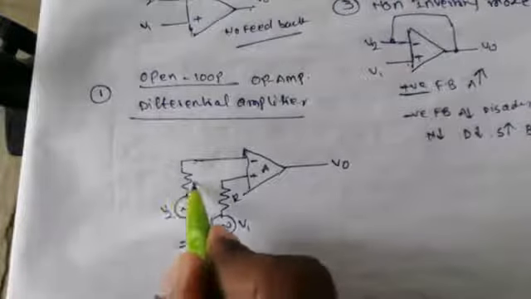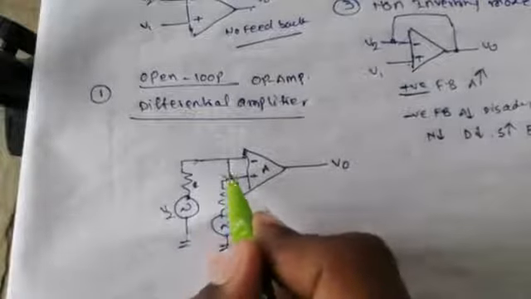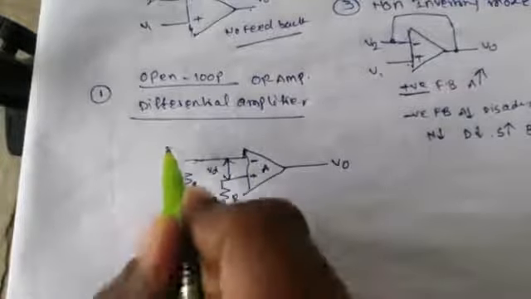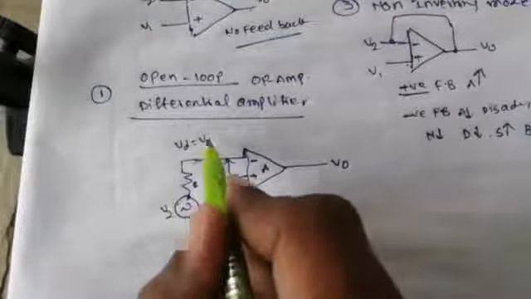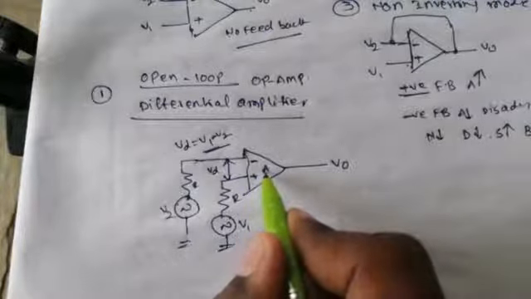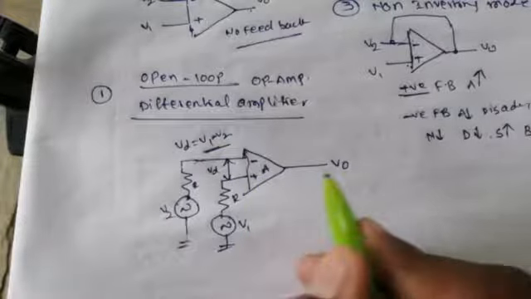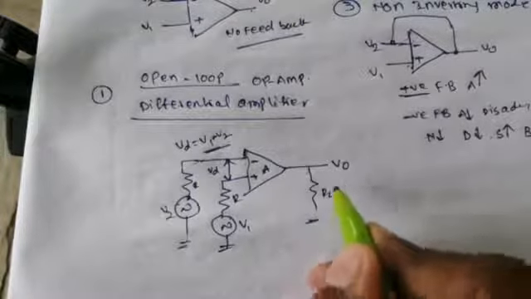The difference between these two voltages we call VD. VD is equal to V1 minus V2. This is called the difference voltage, the difference between the two input signals. With gain A, the output voltage V0 is considered across the load.